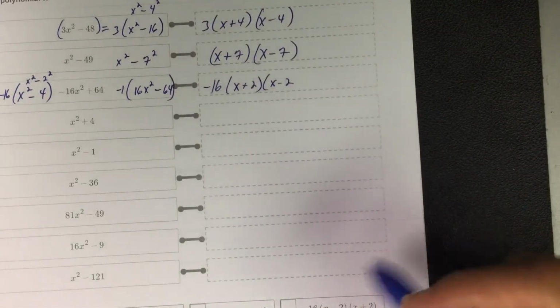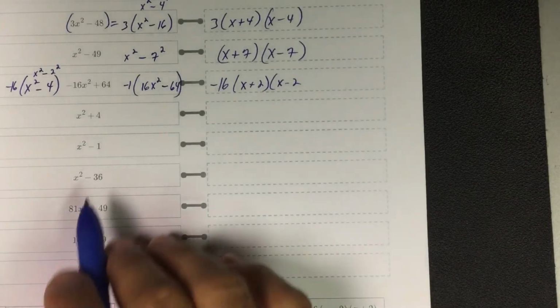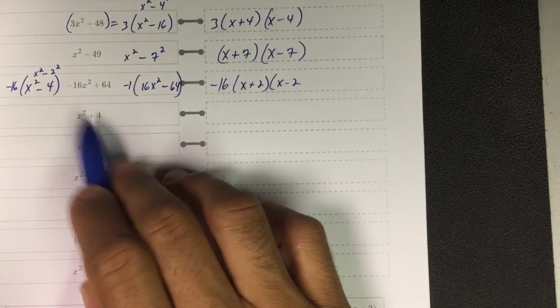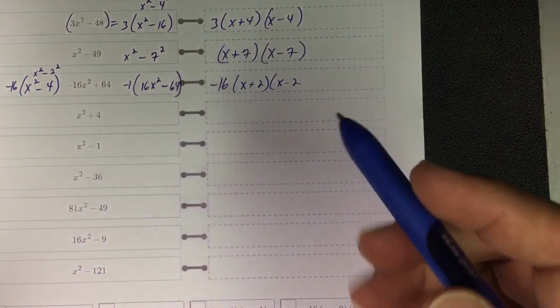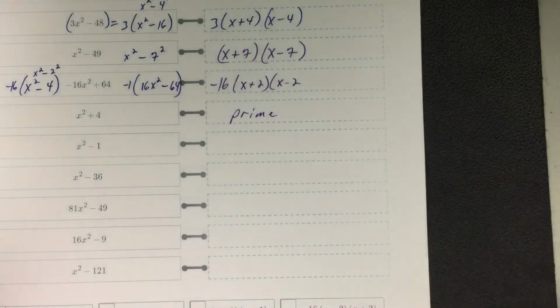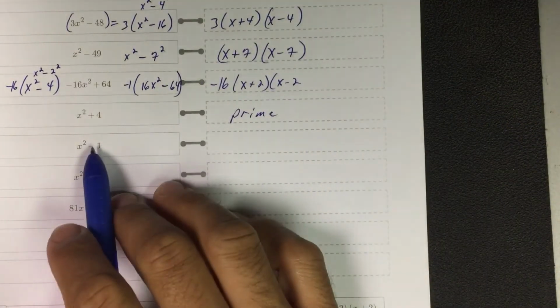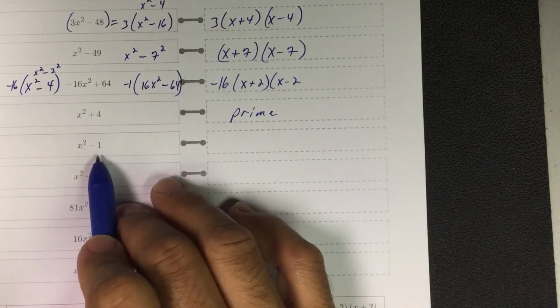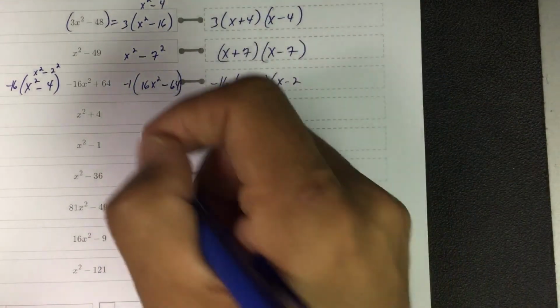But again, I'm going to look down at the bottom and check some of those on the ones that are a little bit harder. What about a plus sign? A sum of squares is not factorable, so that's prime. Okay. A lot of times people get confused with the ones. Don't get confused by the ones. A 1 is just 1 squared.